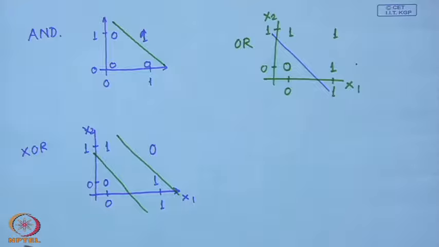Rather, we need at least one hidden layer to implement the XOR function by a feed forward neural network, because it is not linearly separable. So, today we will discuss another kind of network, which is called the radial basis function network.